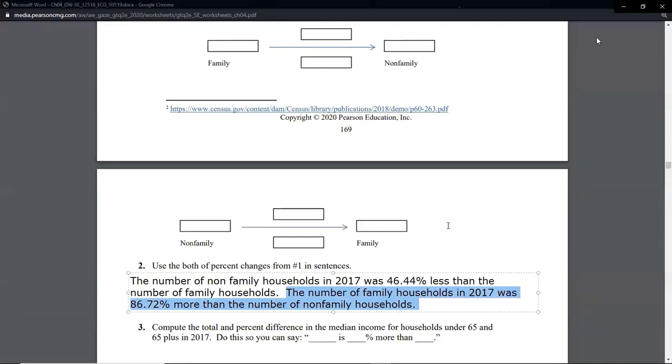Or maybe you're trying to say something negative, so then maybe you go with this one. Again, that's how this relates to the real world. So when you, a quantitative reasoning student, go and read something like this in the paper, and they say, oh, the number of family versus non-family is this percent change, you can go, okay, well, if I flip the script on this, that number would probably not be as extravagant, and it would be in the opposite direction.